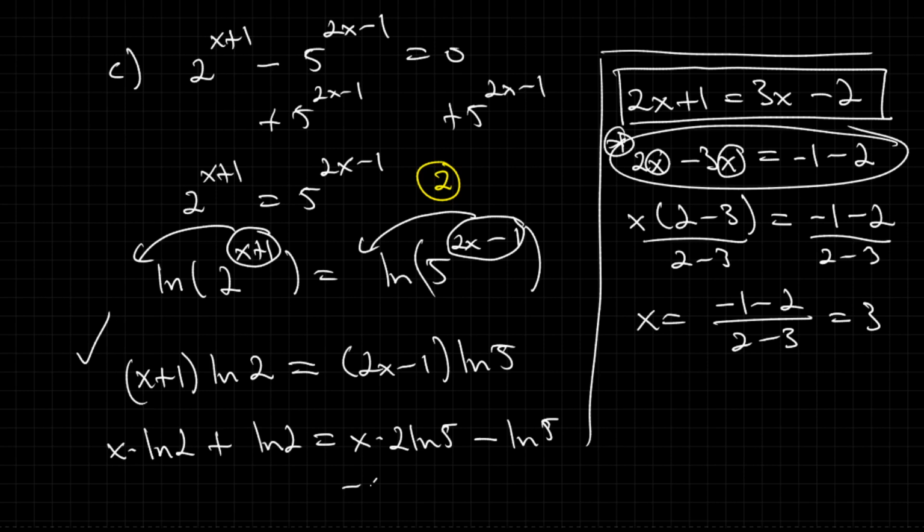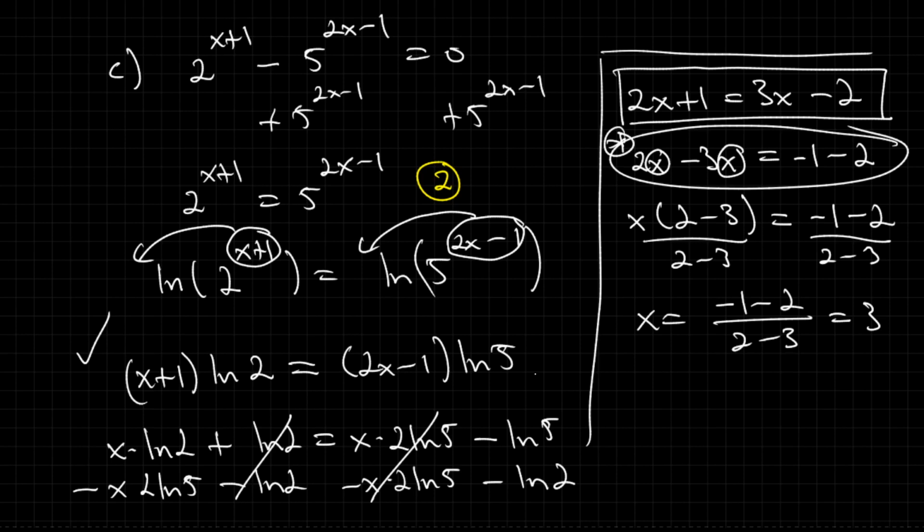So let's subtract x times 2 ln 5 from both sides. And let's subtract ln 2 from both sides because I want to get everything with an x on one side, everything without an x on the other. If I do this, then my ln 2's will go away on the left-hand side, and on the right-hand side, the term with the x's will go away.